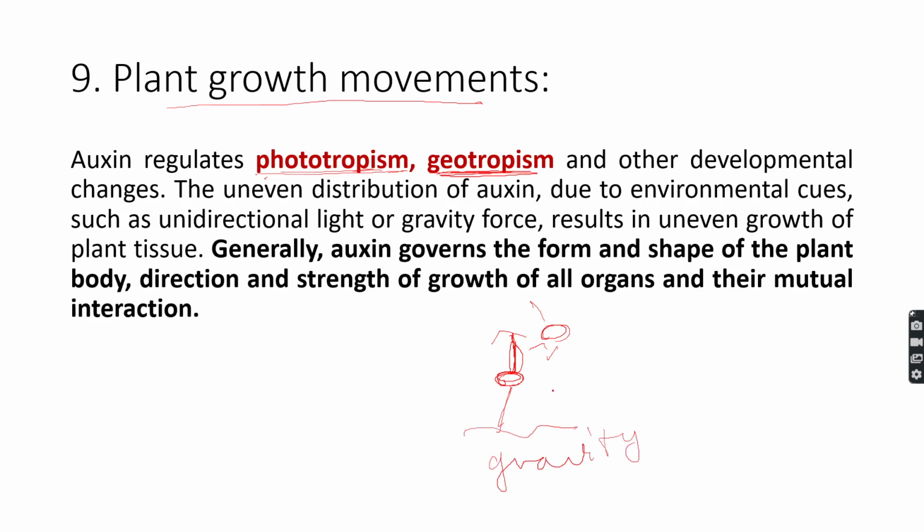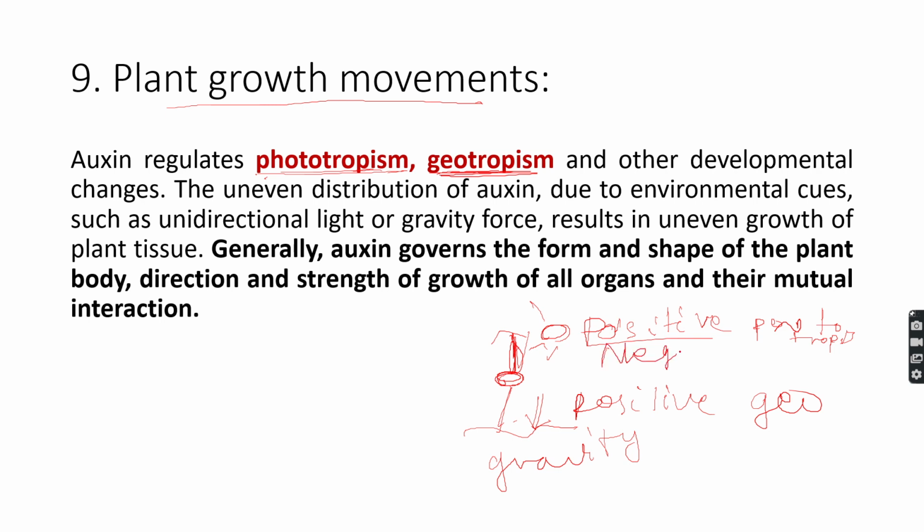This type of growth of root is called positive geotropism, and the growth of shoot is called positive phototropism. And positive phototropism is basically negative geotropism, and positive geotropism is basically negative phototropism, just the opposite.